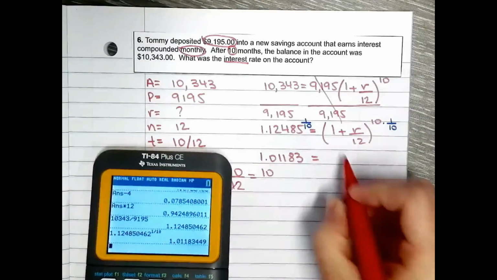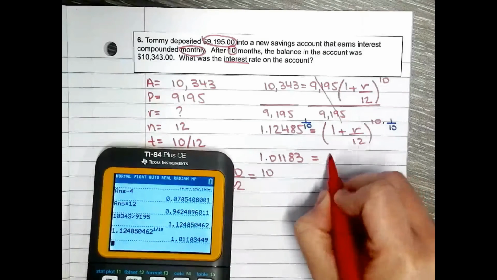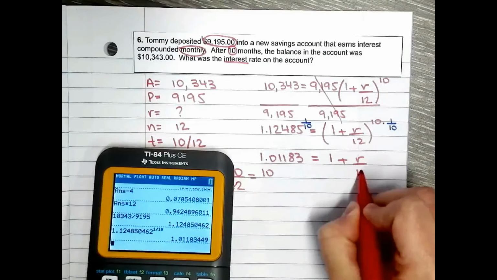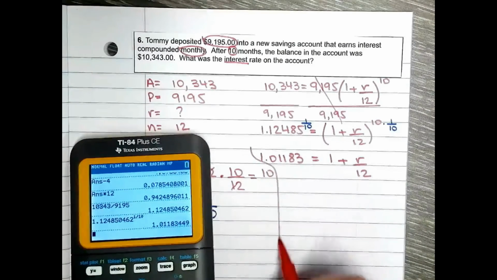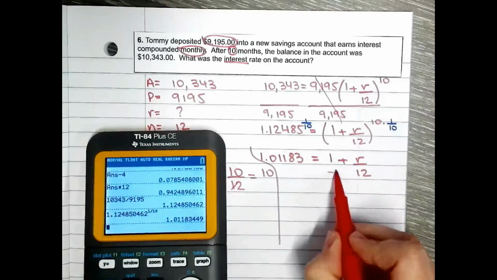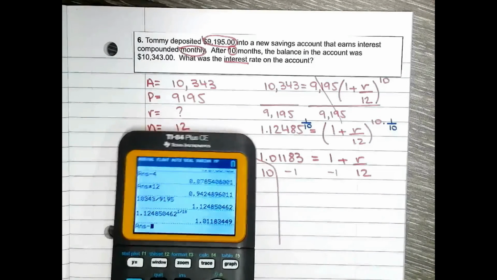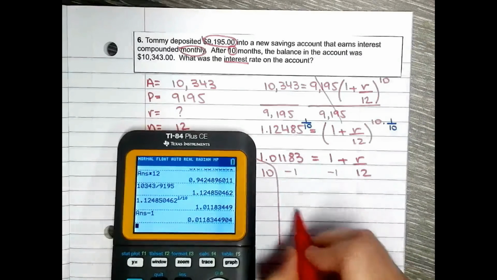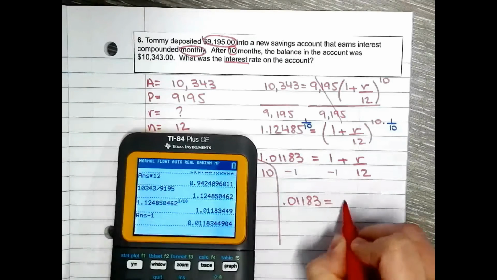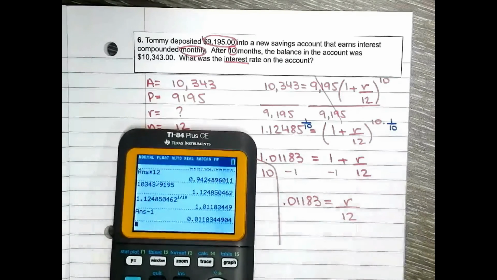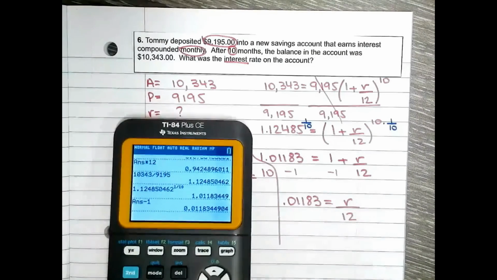1.0118 equals, I only have 1 plus r over 12 left. So now minus 1 from both sides. I have 0.01183 equals r over 12. Now you just multiply by 12.